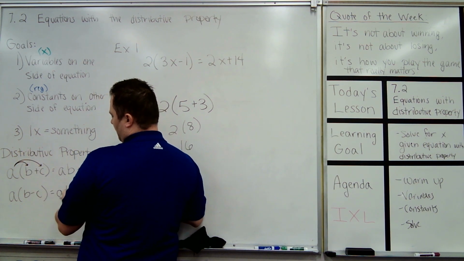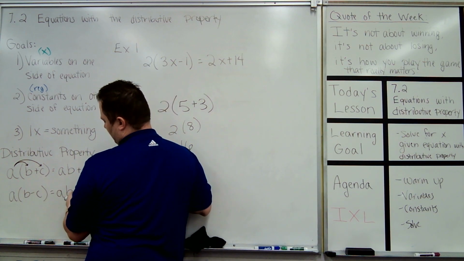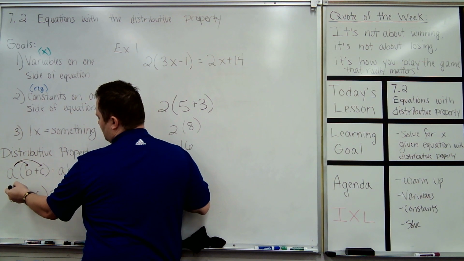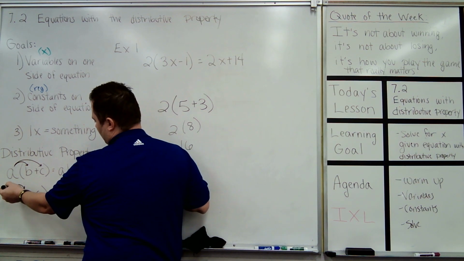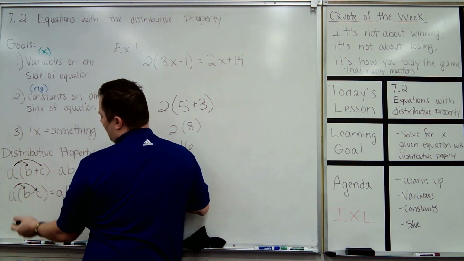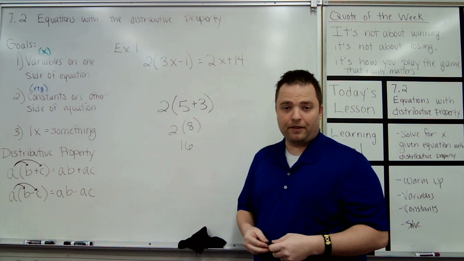Now, it's also true for negatives. The only difference is if the numbers are being subtracted, you're going to be subtracting in the middle. So it's A times B minus A times C.